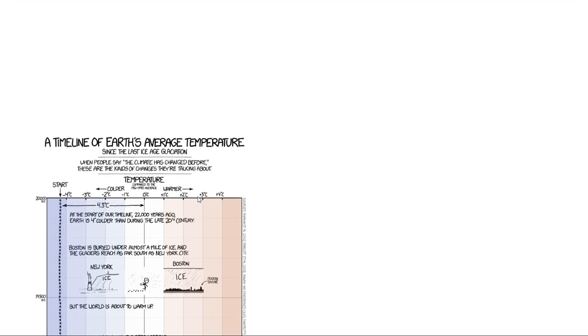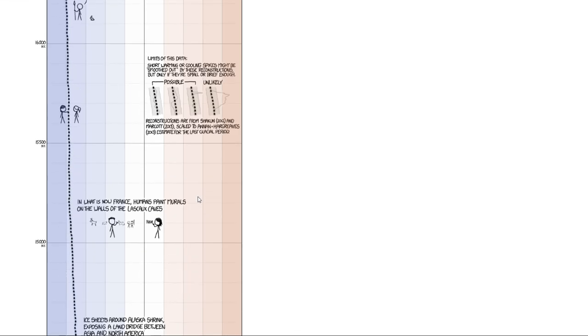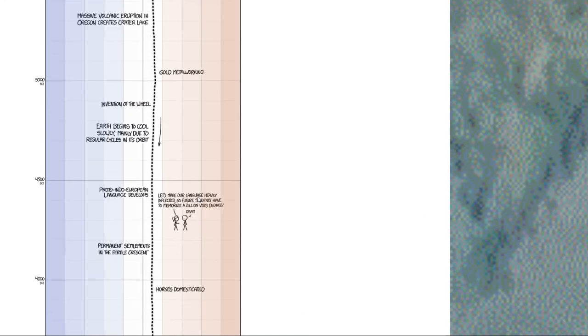This comic is showing the overall temperature, the average temperature of the globe, starting at 20,000 BC. The conditions at that time, this is a layer of ice, this is the modern city skyline for comparison. And we can see that throughout the past 20,000 years, the temperature is gradually increasing, going a little bit above where it is now.